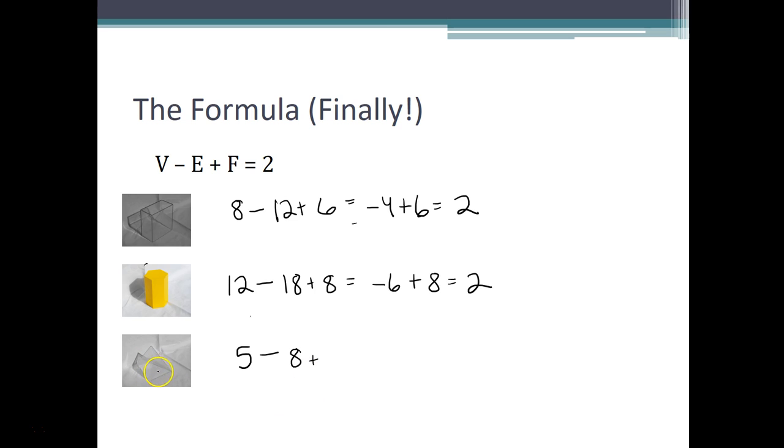Plus faces, you have the 1 square and the 4 triangles, that's 5. 5 minus 8 is negative 3, plus 5 is 2. It's always going to come out to 2. Pretty remarkable, really. Pretty amazing. It always comes out to 2. VEF. I remember VEF. It's V minus E plus F equals 2.